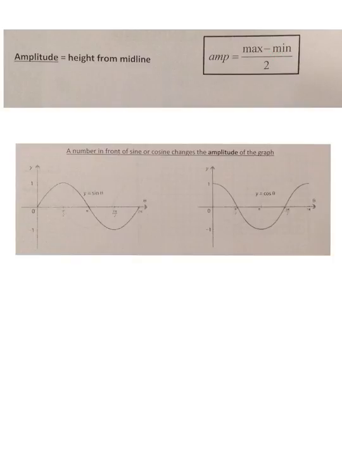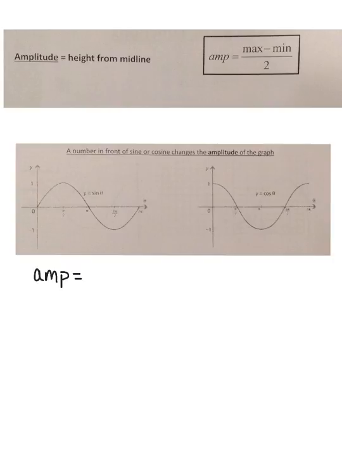So for this particular graph, y equals sine theta, if I were using the amplitude formula, amplitude would be equal to the maximum minus the minimum, over 2. Here's my maximum, and that's a height of 1.